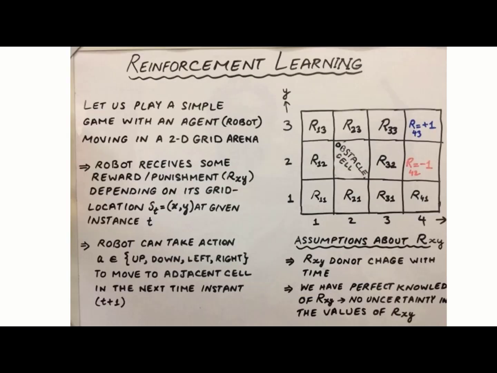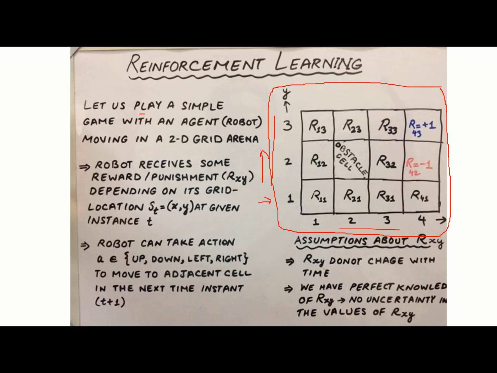Let's start with a simple example of a robot moving in an arena represented by a 2D grid. There are as many as 12 grid cells represented by a 4 by 3 2D grid. So essentially we have 4 columns and 3 rows.